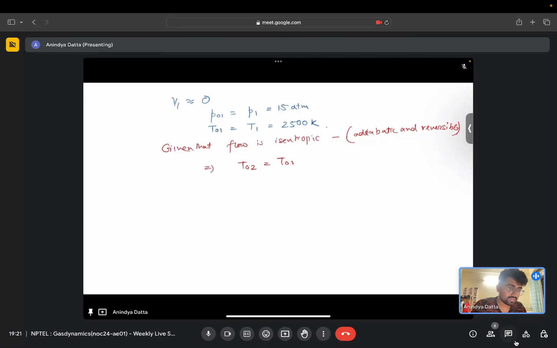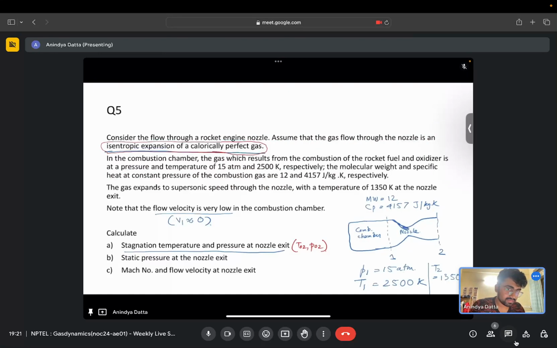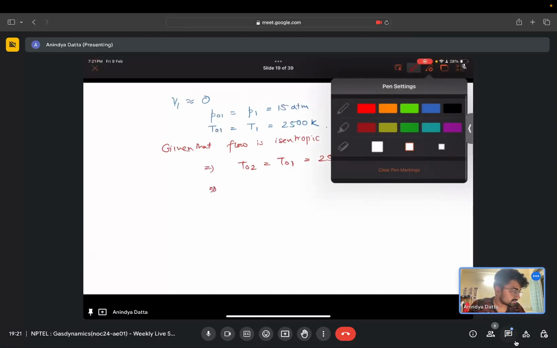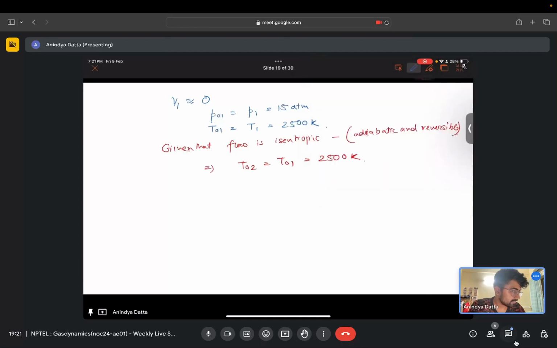As I said, if the flow is adiabatic, the stagnation temperature stays constant for a calorically perfect gas. And what about pressure? Again, it is isentropic, no change in entropy, so the stagnation pressure will also stay constant.